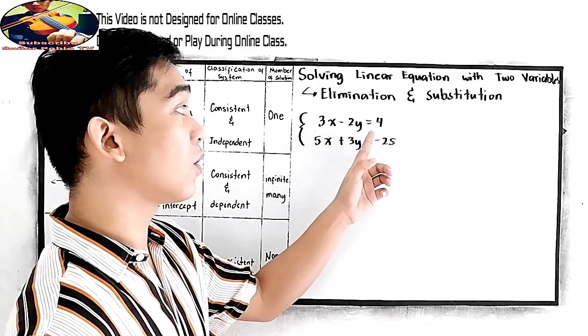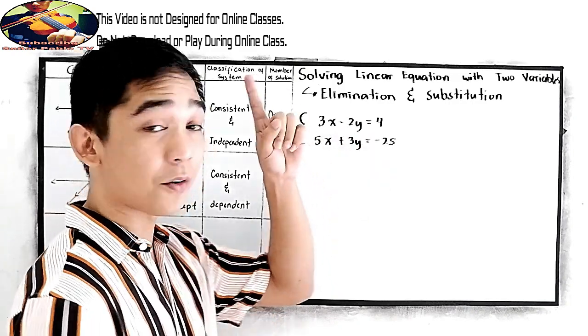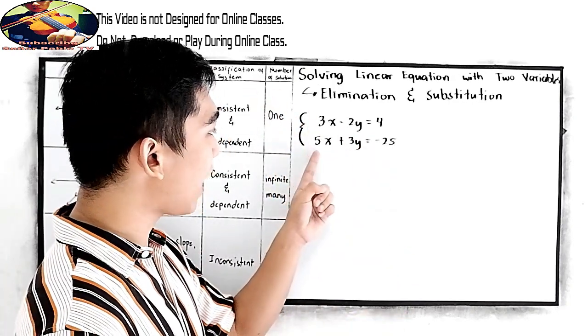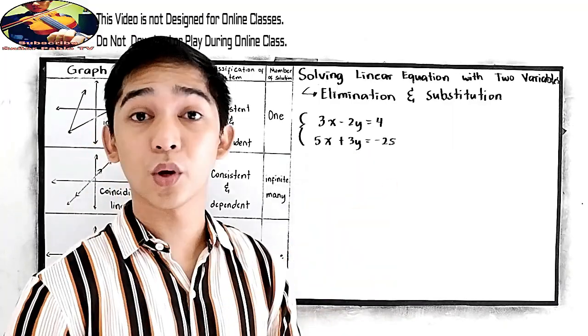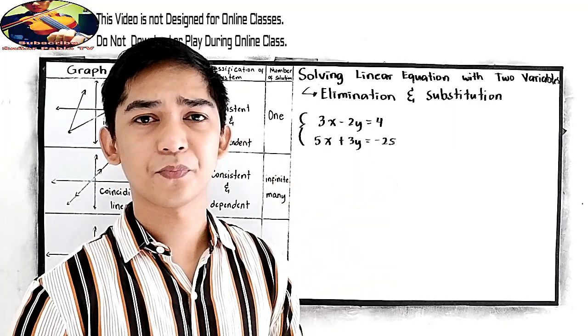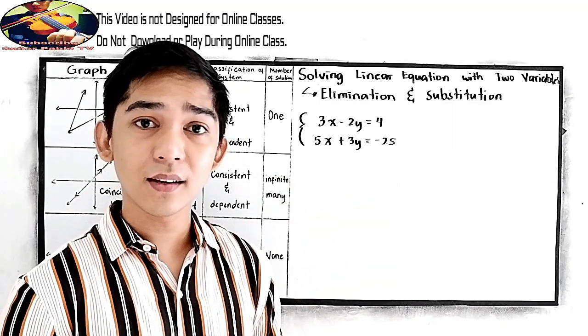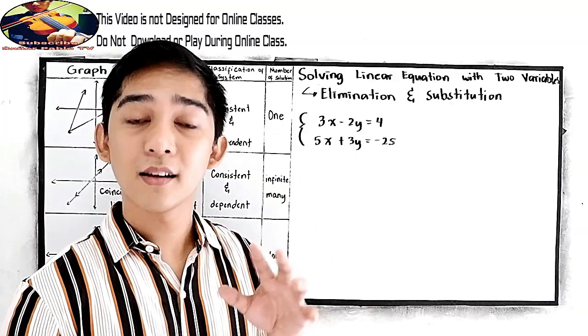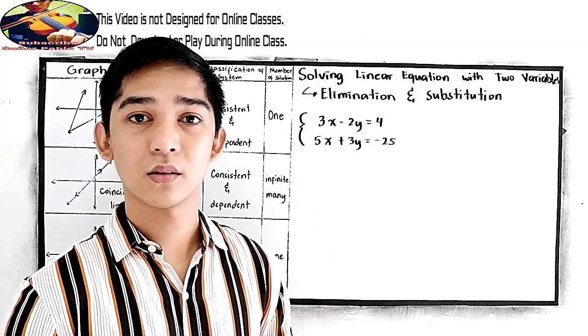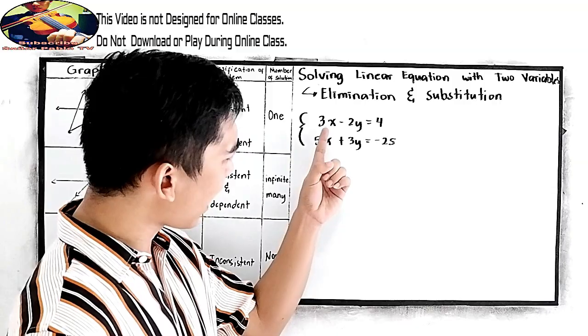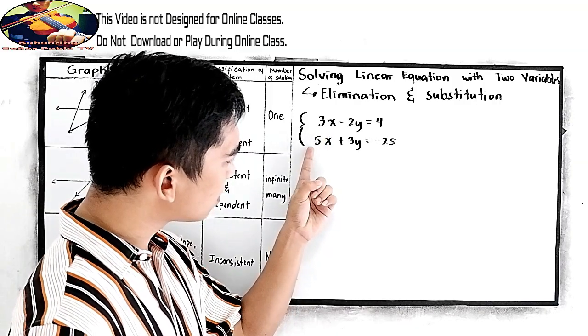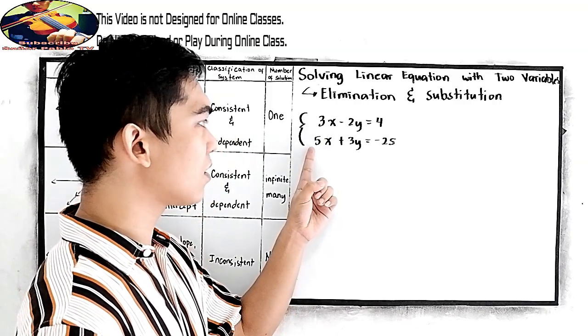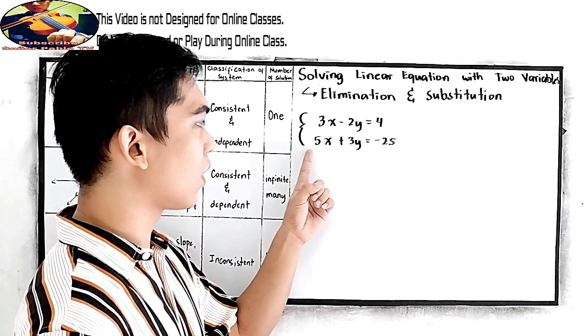3x minus 2y is equal to 4 for our first equation, and 5x plus 3y is equal to negative 25 for our second equation. Study the given equations. For our x, the coefficients are not equal.